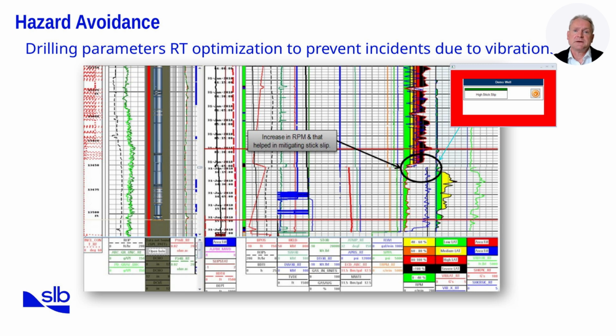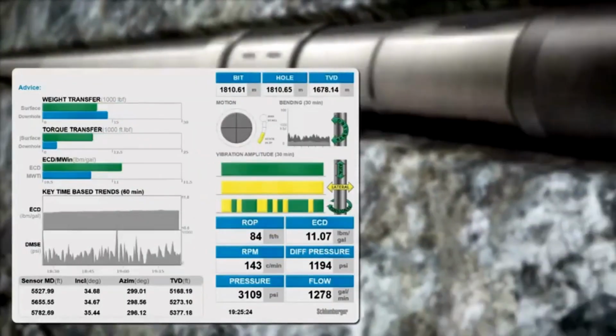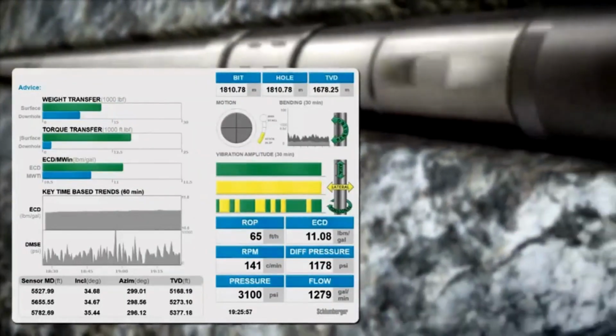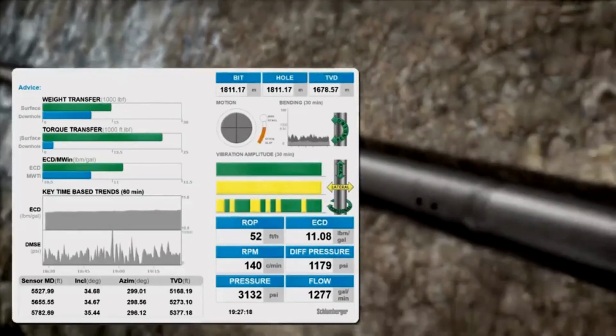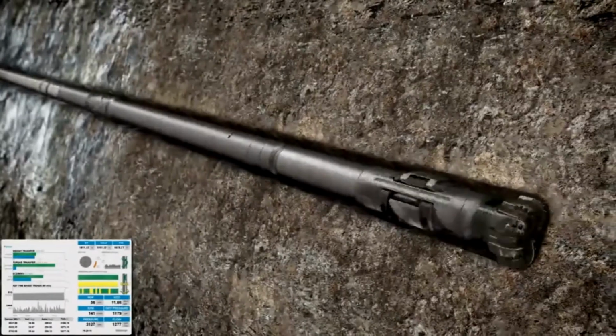principles in practice. This service integrates data from the downhole sub with data from surface to provide actionable information at the rig site. The real-time drilling dashboard helps you optimize drilling parameters and intervene early, reducing the probability and severity of undesirable events.